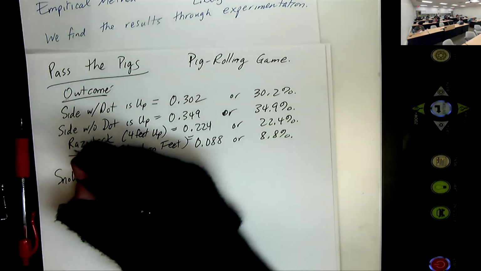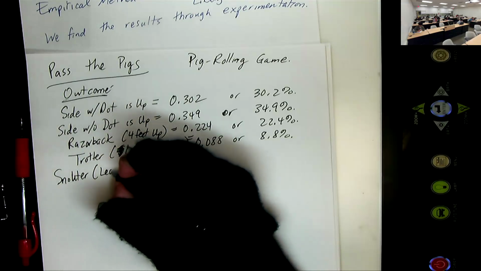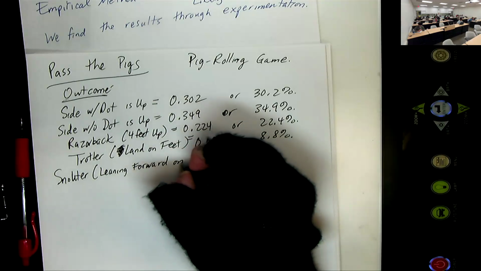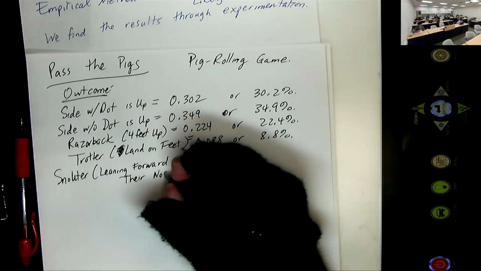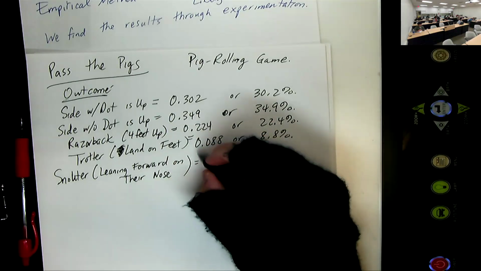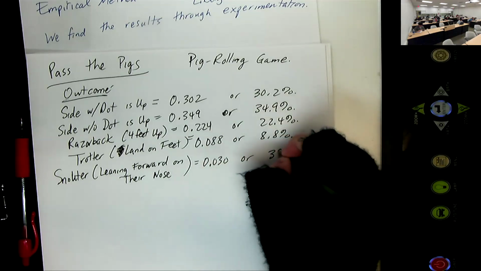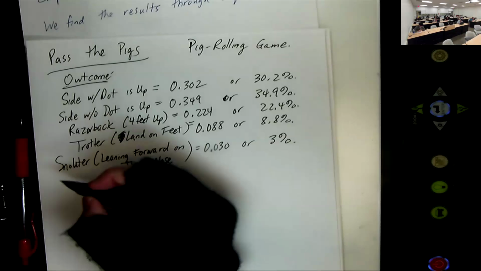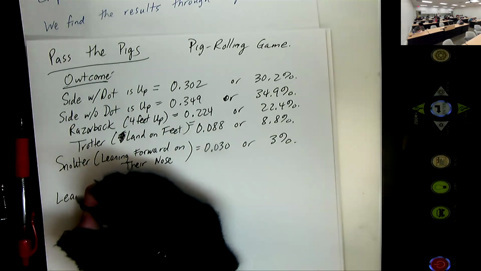Snouter is leaning forward on their nose. This happens 0.030 or 3% of the time. And the rarest of all events is the leaning jowler.